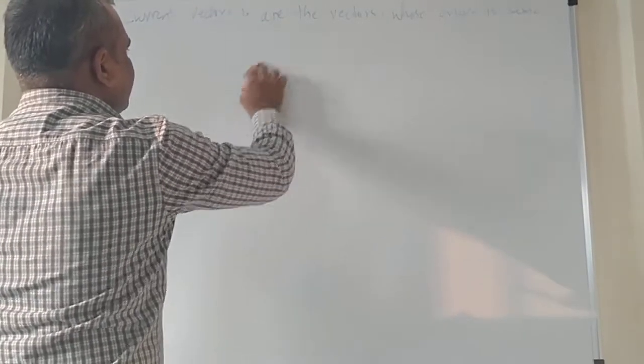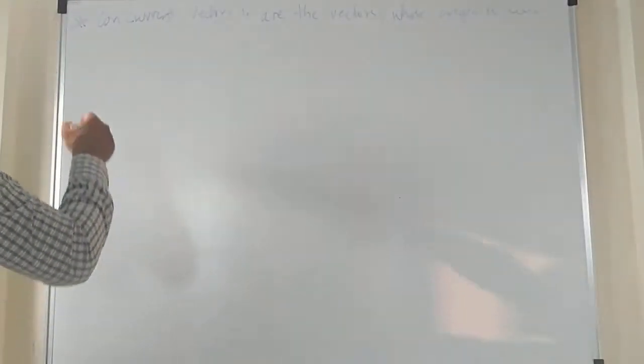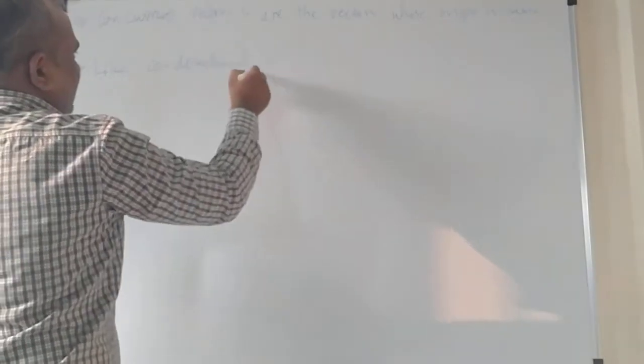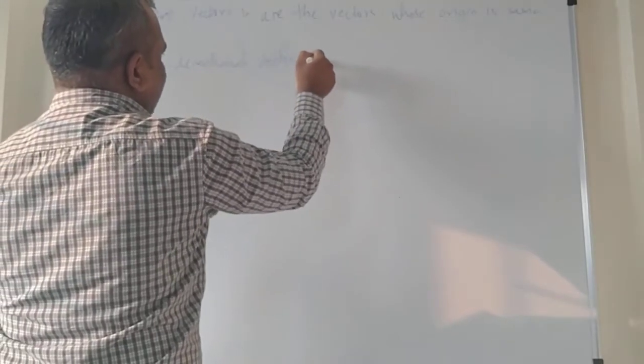Got it? Next type of the vector is the like vector, or co-directional vector. Now what do you mean by like vectors or co-directional vectors?